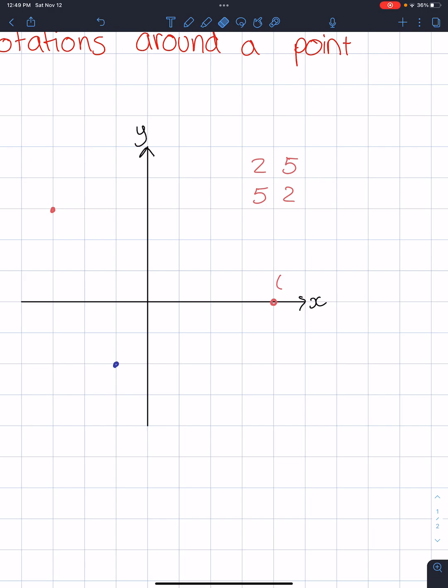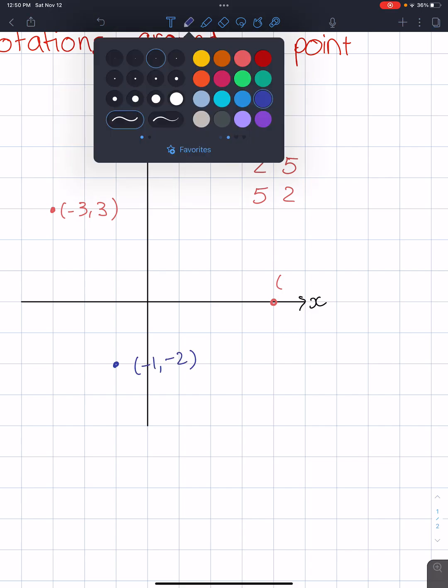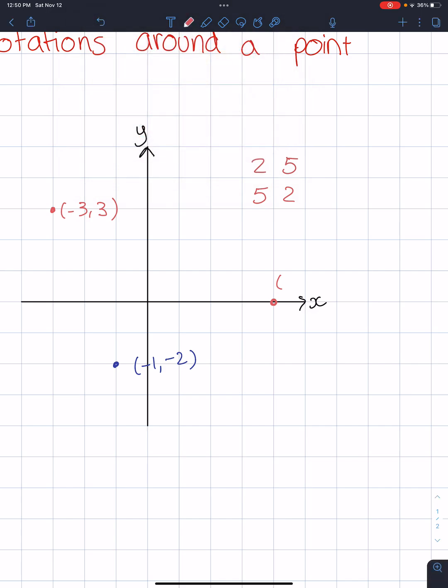Now that we've found our rotation, we can start writing the actual coordinates. This salmon coordinate would be -3, 3. This blue coordinate would be -1, -2. And this other salmon coordinate would be 4, 0.